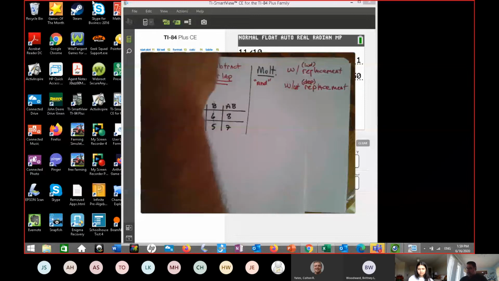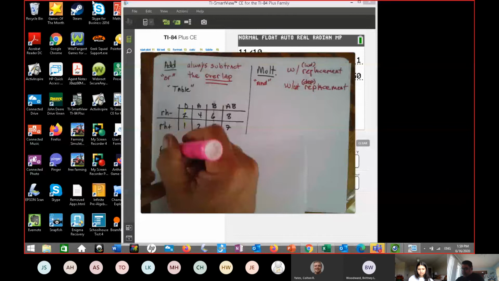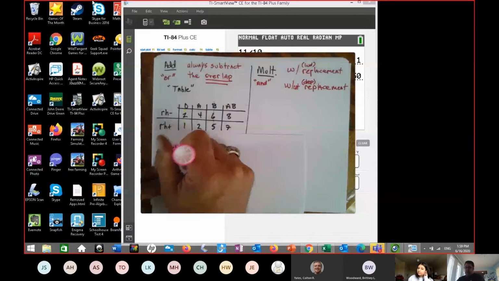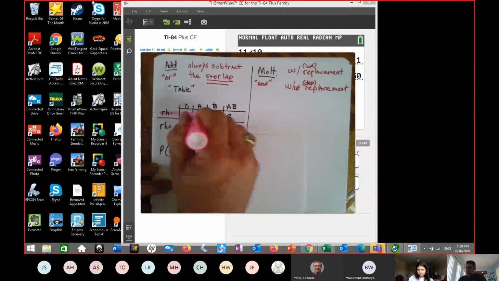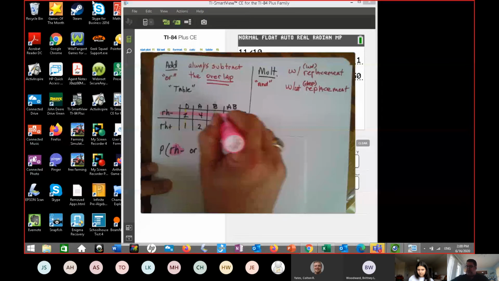I'm going to highlight my RH negative in pink, and I'm going to highlight my A in blue. So now I'm going to write everything out. I know my denominator is still 35. Everybody with me?